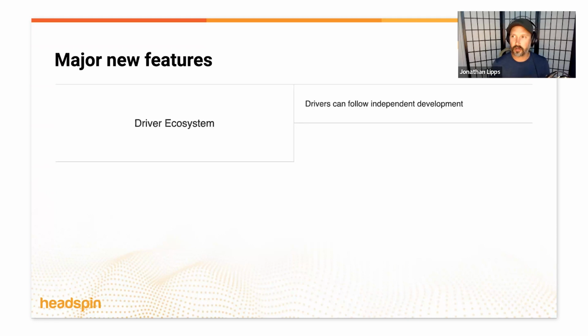Okay, let's talk about some of the major new features. We've talked about the driver ecosystem and sort of what it is. I kind of also talked about this point just now, that drivers can now follow independent development trajectories. So new driver releases don't require a new release of the Appium server.